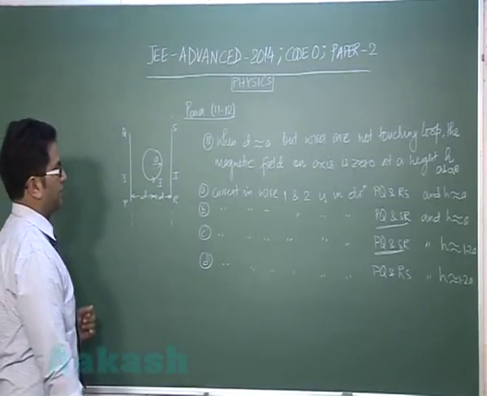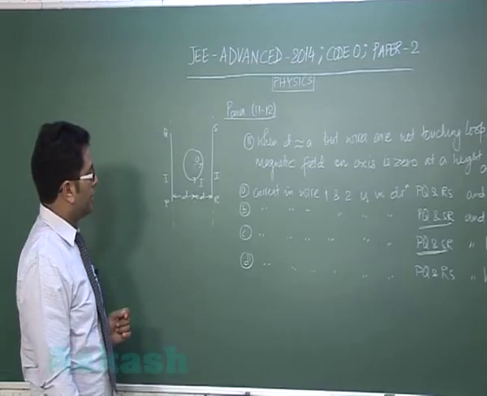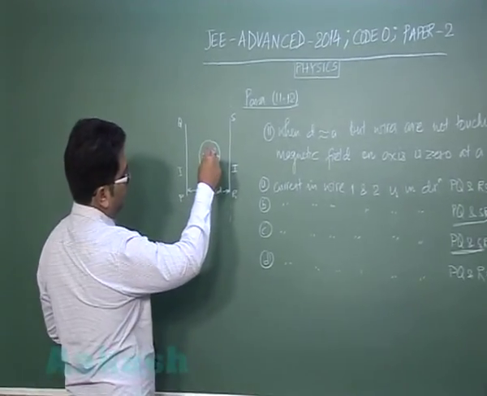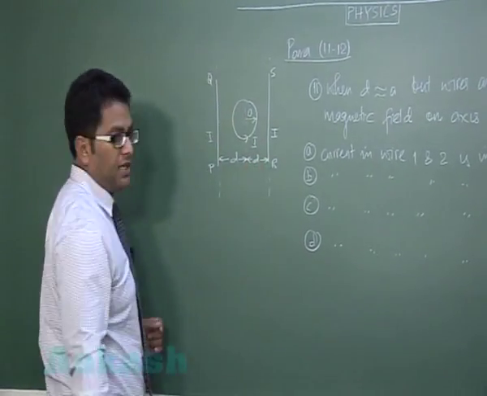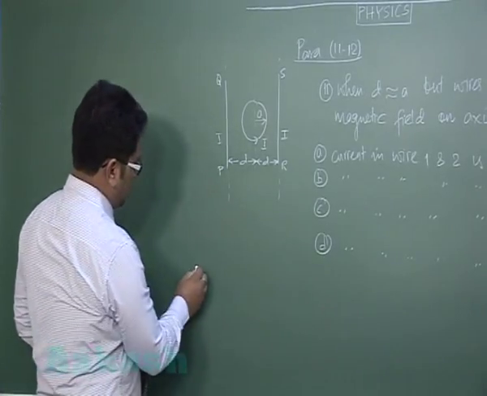Then comes the direction. An imagination is required. At a given height, we have to find the field due to this and this. It would be easier if you see from this side.